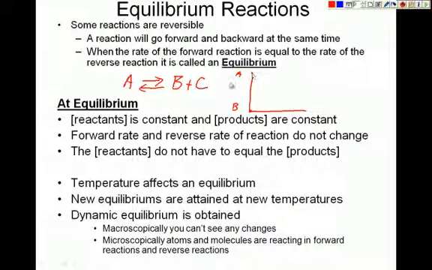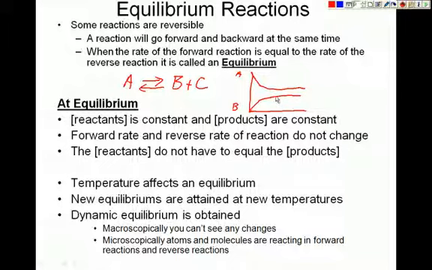As the forward reaction happens, the concentration of A starts to decrease, and the concentration of B starts to increase. As the concentration of A decreases, there's less of it to react, and it starts to level out. And since it starts to level out, B also starts to level out.